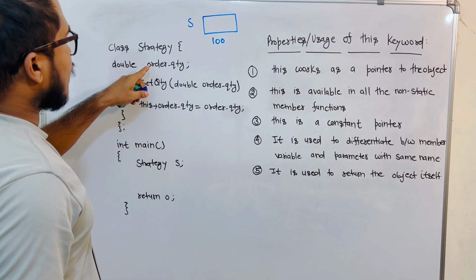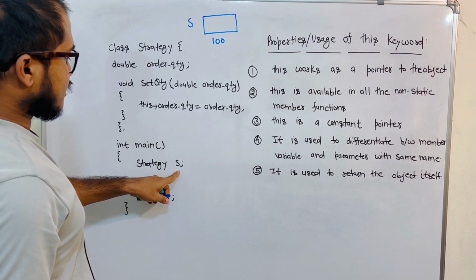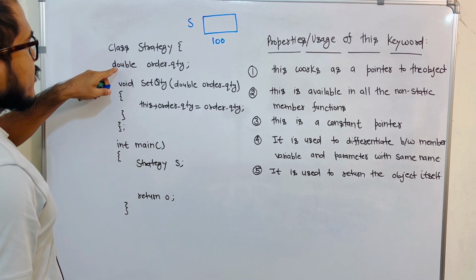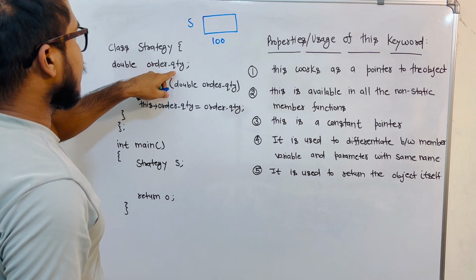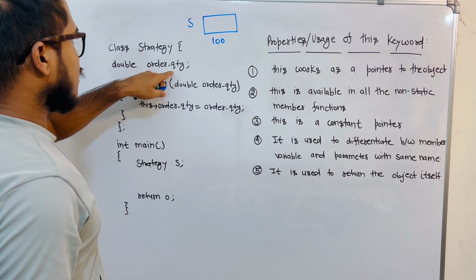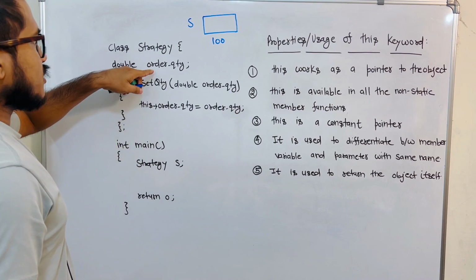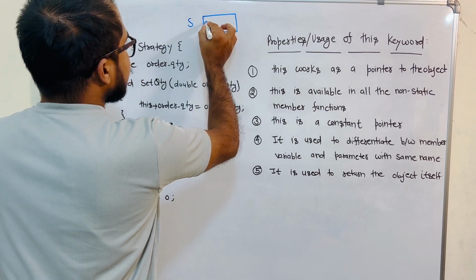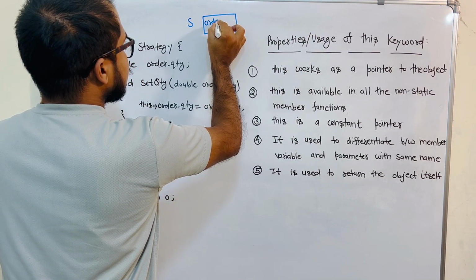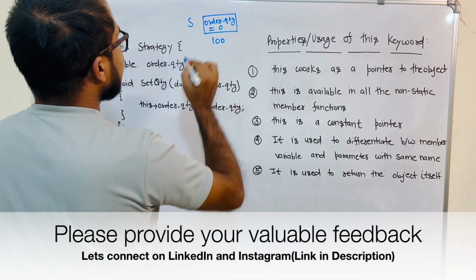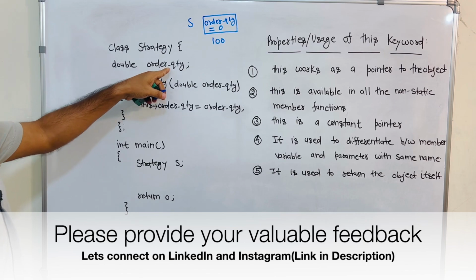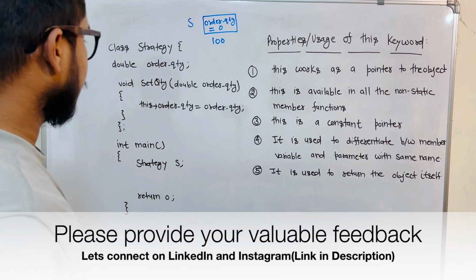Now because I am creating the object of this strategy class S, I will be calling the constructor of strategy, which will provide the default value to this particular member variable. So in this case, order quantity will be 0 because I am not explicitly providing the constructor to set the value of this particular member variable.